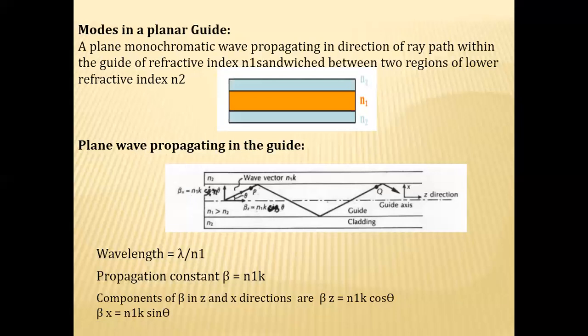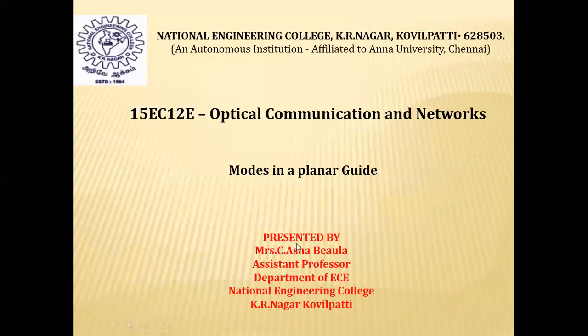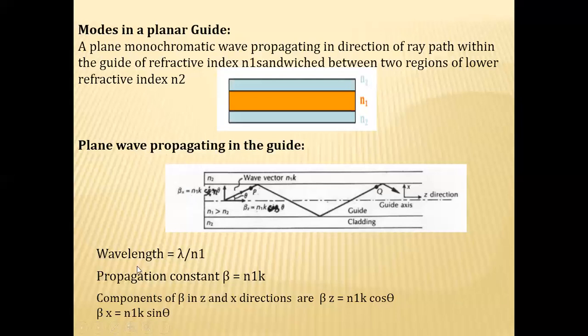Here the wavelength is equal to lambda divided by N1, so the propagation constant beta is equal to N1 K. Because beta Z is equal to N1 K cos theta, for a minimum angle, let us consider theta equal to 0. Here the value of beta will be equal to N1 K, right?